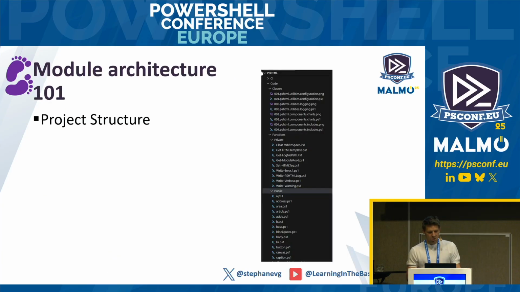So, project structure 101. This is just an example here. This is PSHTML, an open source project of mine where I implemented this pattern. We see the classes. We have a folder called functions, and inside we have private and public.